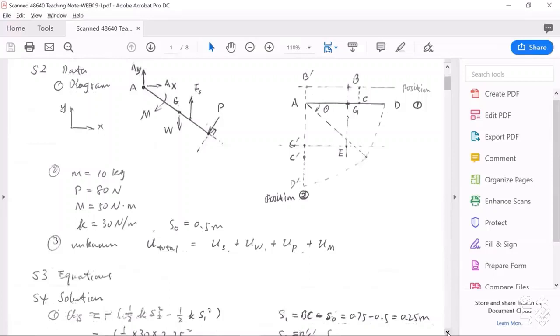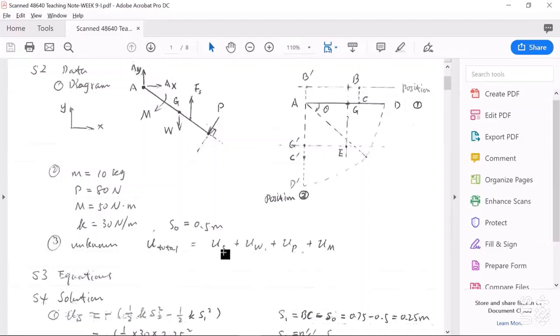Okay, we already know the mass, external force P, couple moment M, the stiffness of this spring K, and the unstretched length of this spring, 0.5. The target is the work done by all these external forces.